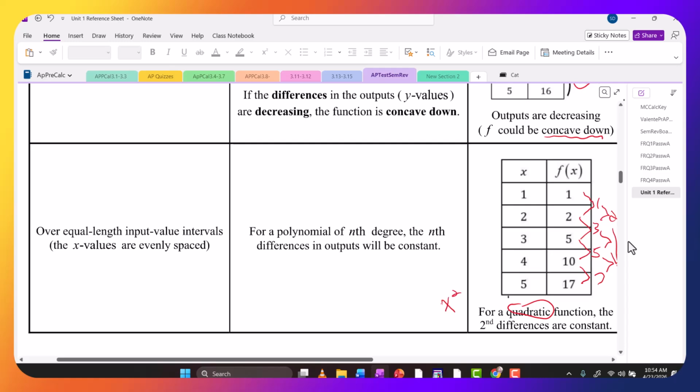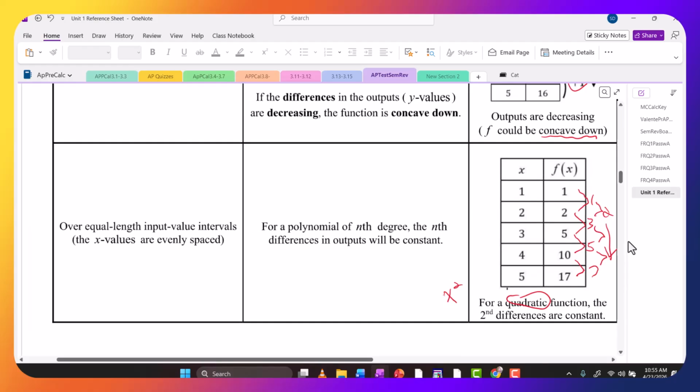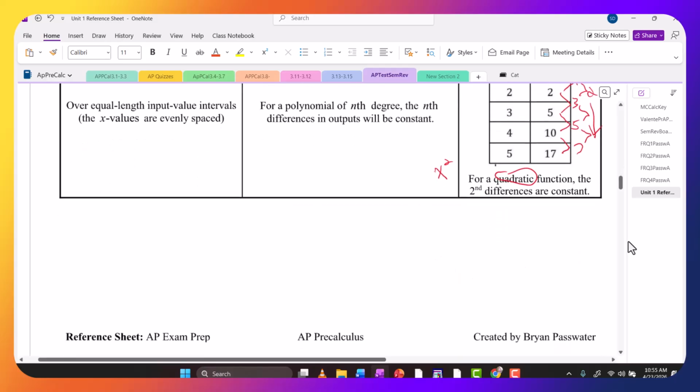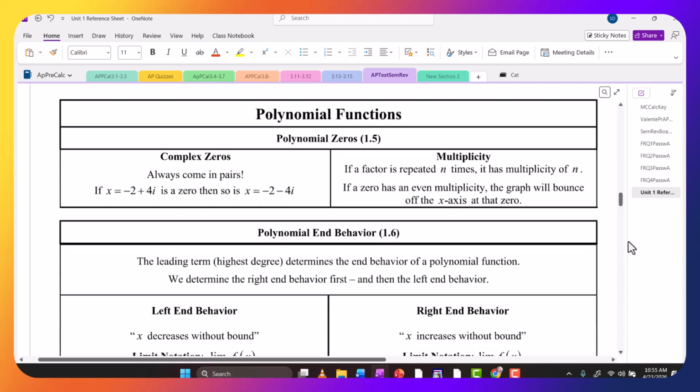If third order differences were equal, then it would be cubic, and so on and so forth. The second order differences also, if it was cubic, tell concavity too. So a second order difference that's positive would represent a concave up portion of the graph, and then vice versa for negative. So just remember that as well.